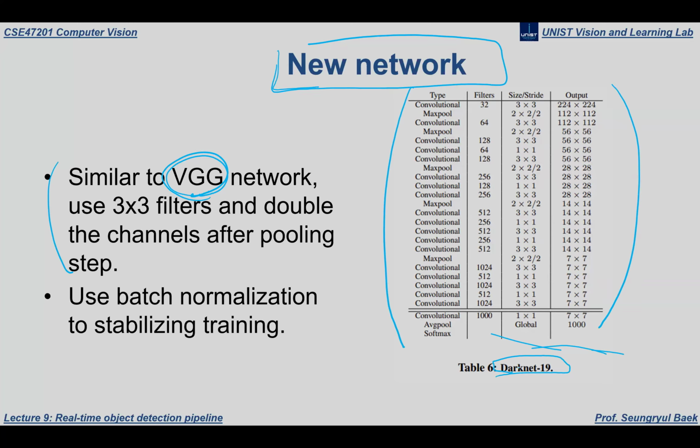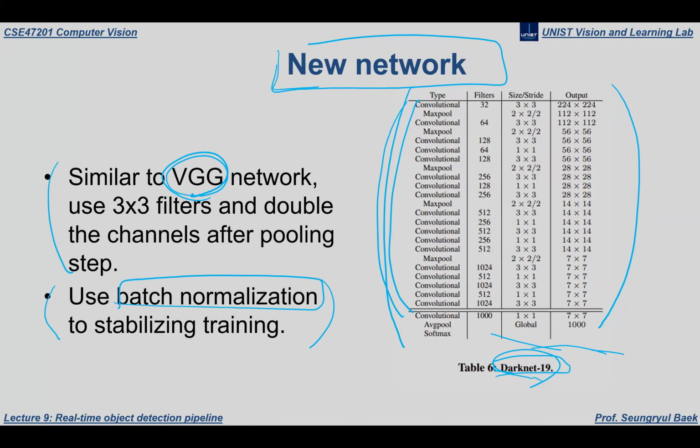I don't know why the name is Darknet, but anyway, they named their backbone architecture Darknet. Their main idea is to use batch normalization in the middle of this Darknet. And here you can see there are not many FC layers, but mainly convolutions.